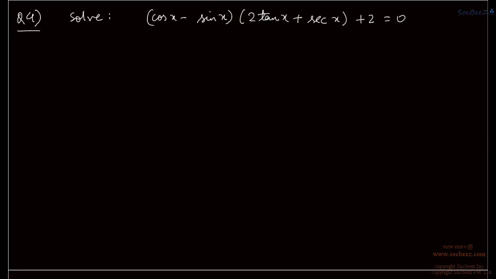Okay, so the next question here is (cos x minus sin x) into (2 times tan x plus secant x) plus 2 equals 0. Now be very attentive here, because the left term is cos x minus sin x.